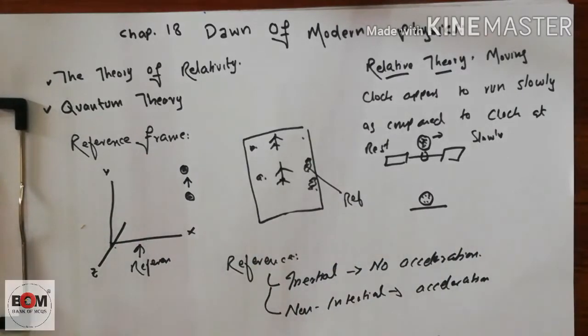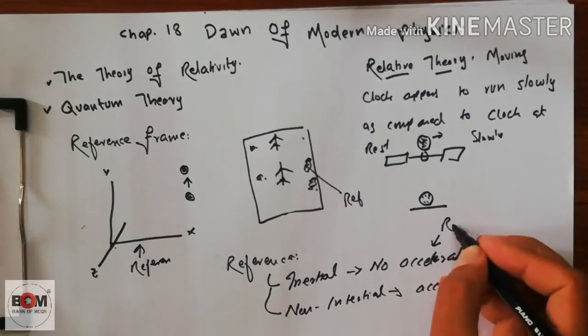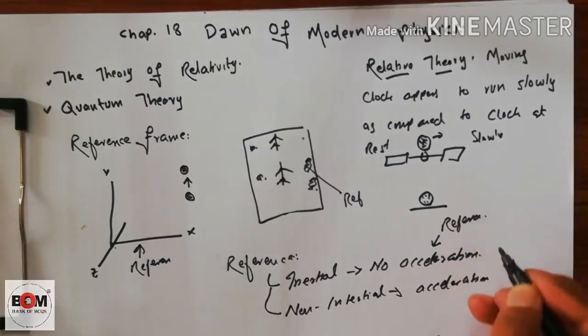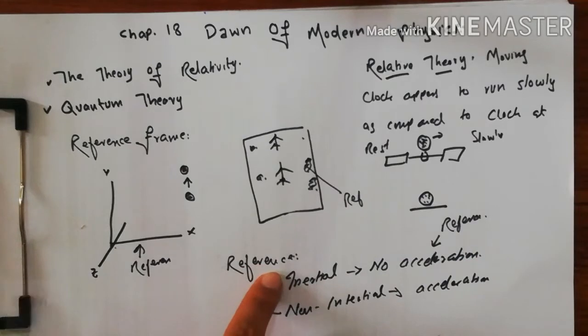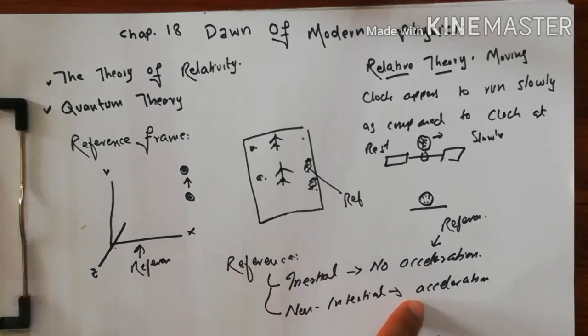Now in a non-inertial reference frame, a body has acceleration in the absence of an applied force, because the reference frame itself has acceleration. Inertial means no acceleration; the term no acceleration is used for the reference frame. So all those reference frames are inertial which are at rest or in which no acceleration occurs, and non-inertial are those in which acceleration occurs.